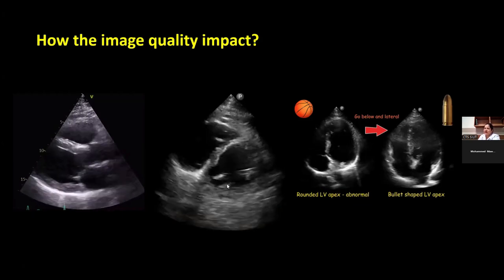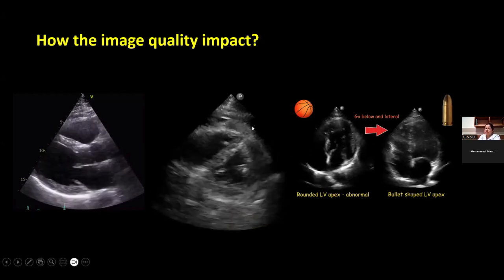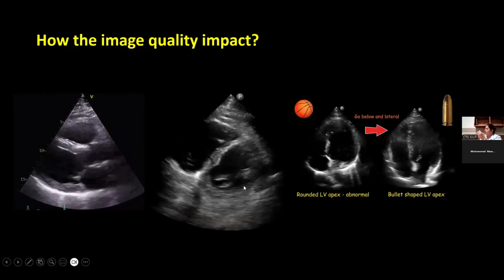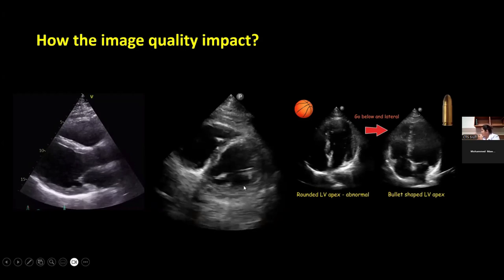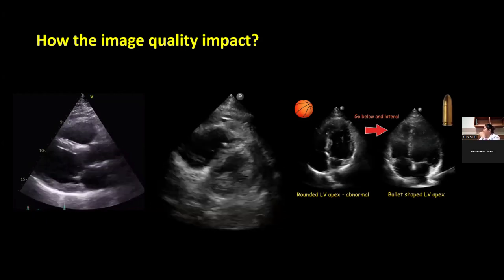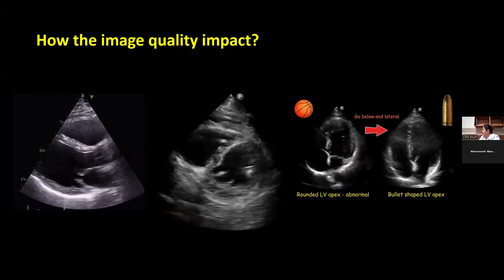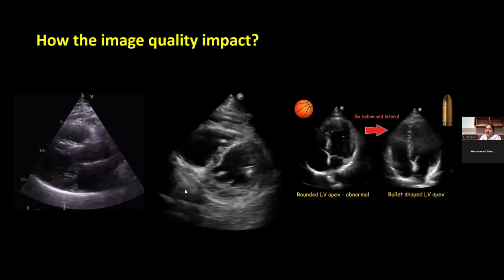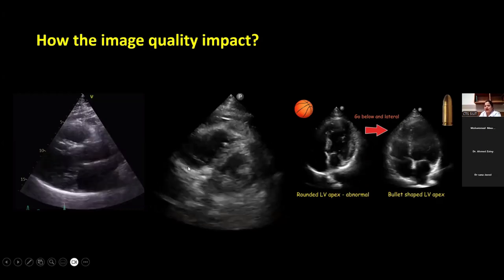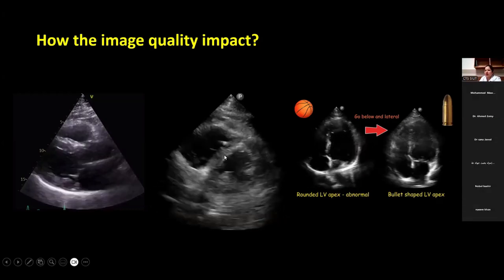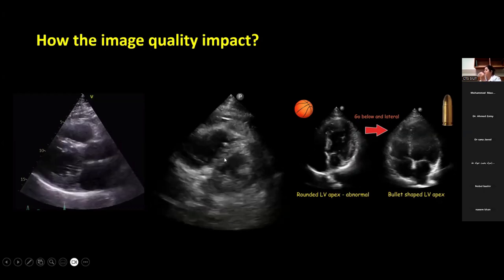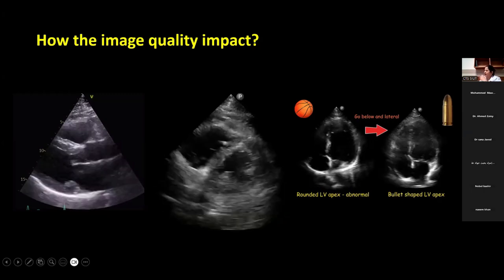This short axis is not accurate, because in short axis we not only see the contractility of the LV, but also the septal position, and through the septal positioning we usually describe the RV and PA pressure. But in this image the RV is not sitting, the septum is not proper, and it looks straight. Maybe it's not straight; this is because of wrong image acquisition.